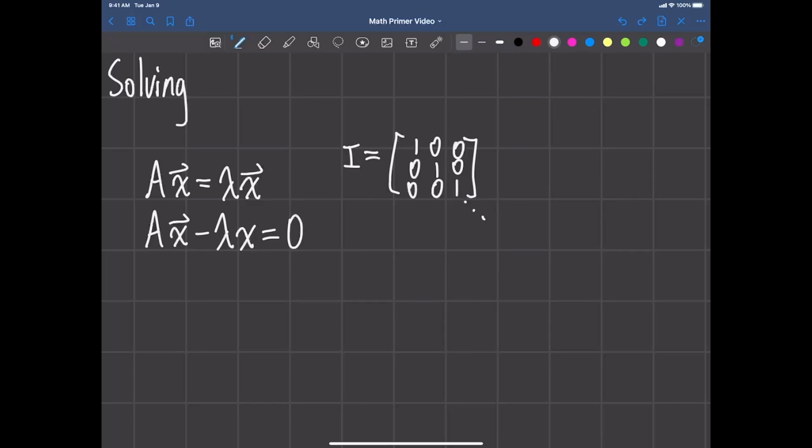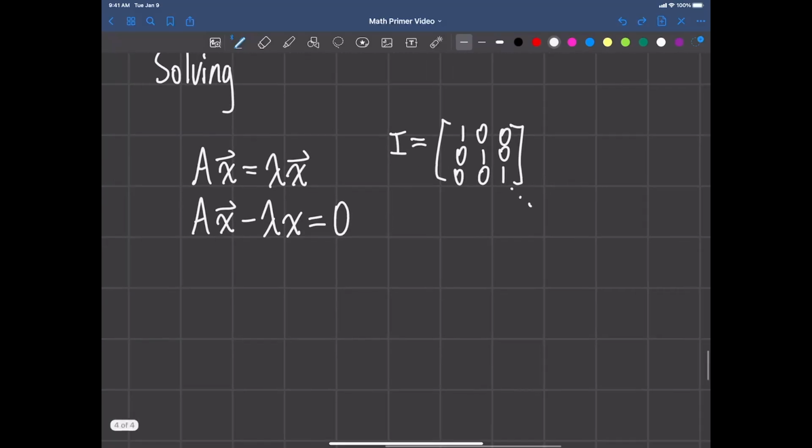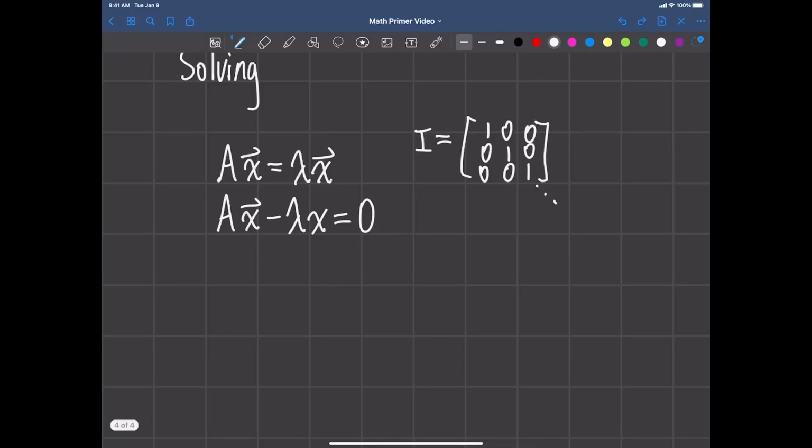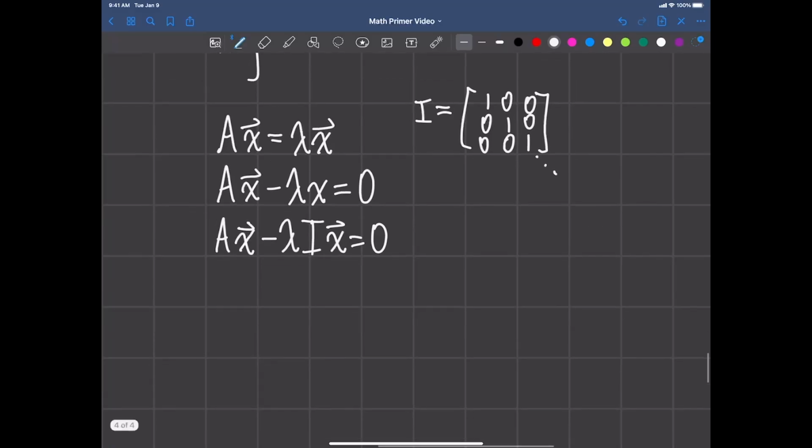Inserting the identity matrix is basically like multiplying by 1. So this would be the same as what is above. Now let's factor out the x.